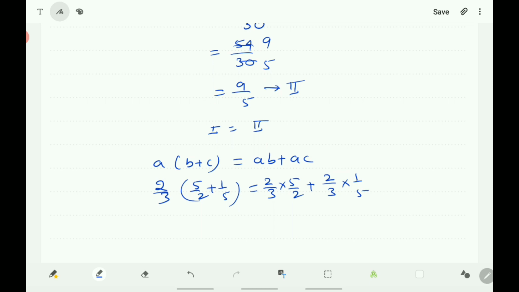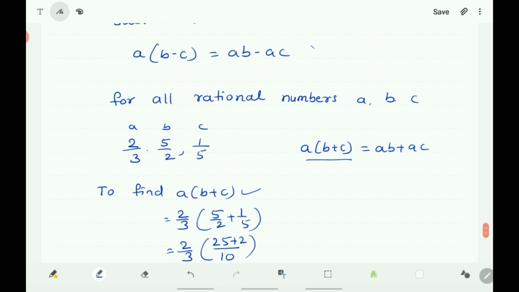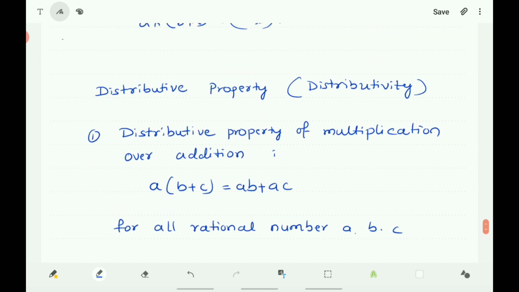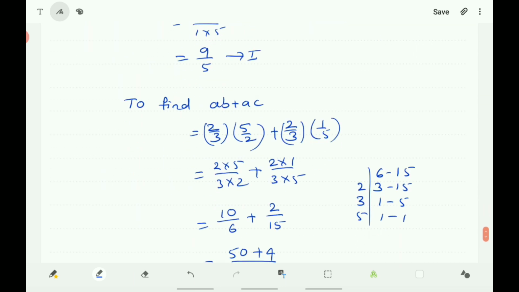That is A into B plus C is equal to AB plus AC. You can conclude the distributive property of multiplication over addition, that is, multiplication is distributive over addition.